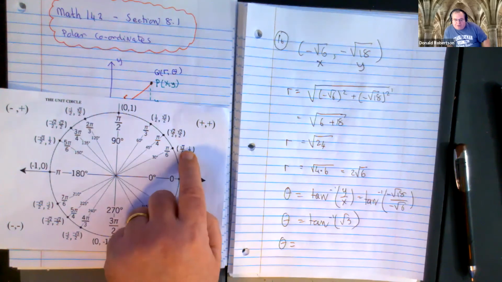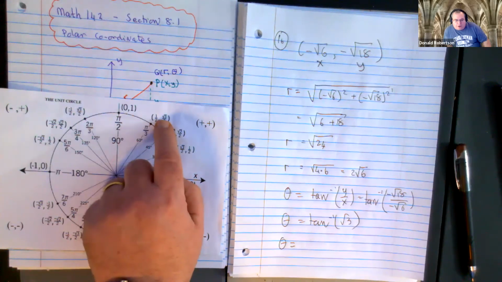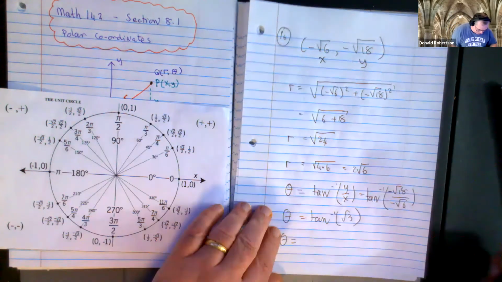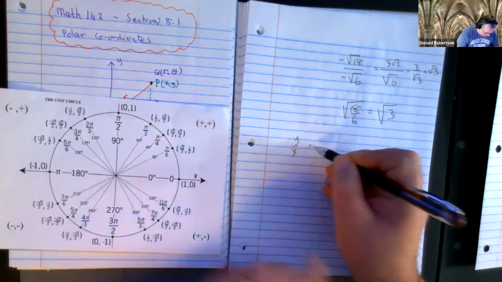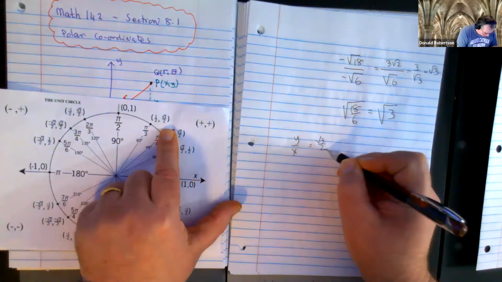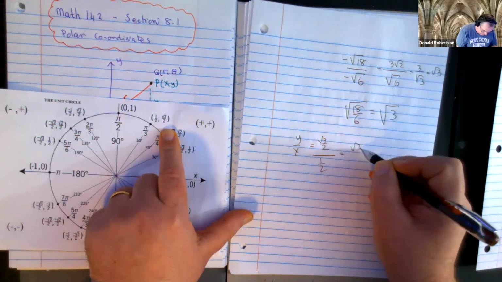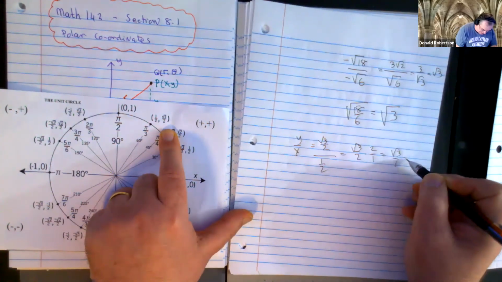Okay, so if that one doesn't match, what's the other one that will match then? Y divided by X. Root 3 upon 2 divided by 1 upon 2 becomes, this is the long way of calculating it.